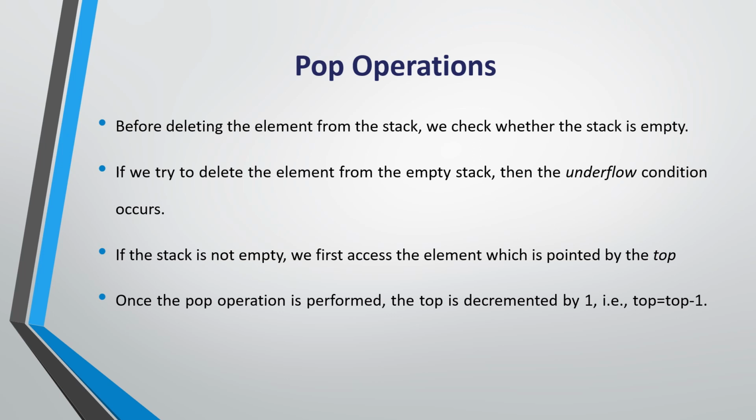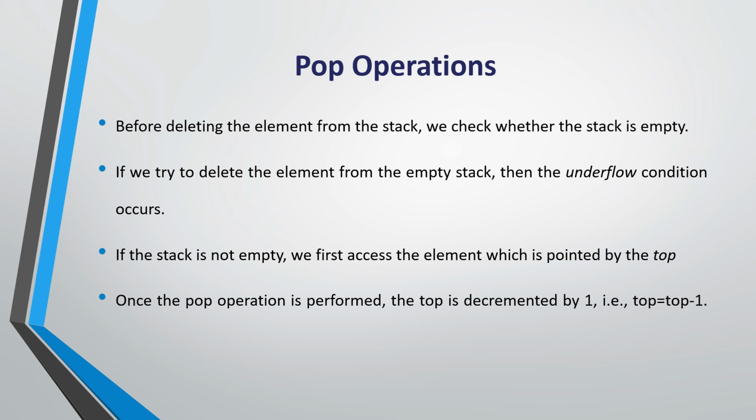Another important operation of a stack, as we saw, is the pop operation. Pop is deleting an element from the stack. And before deleting, we know that we have to check whether the element is present in the stack. If we proceed to delete without checking the availability, then this condition is the underflow condition. That is, if the stack is empty and we try to delete an element from the stack, then this condition is called underflow condition.